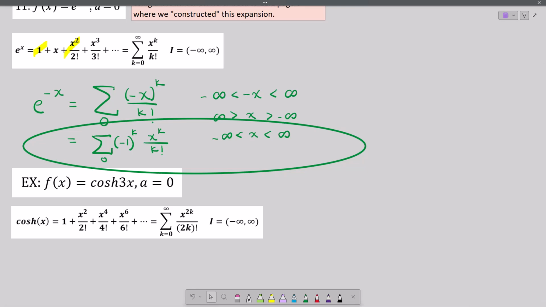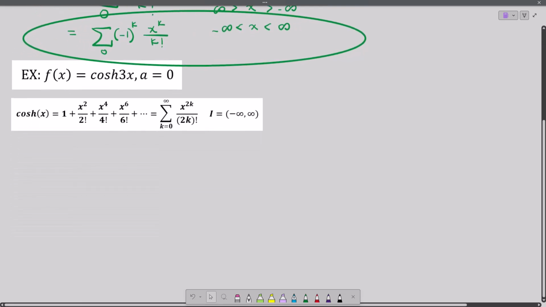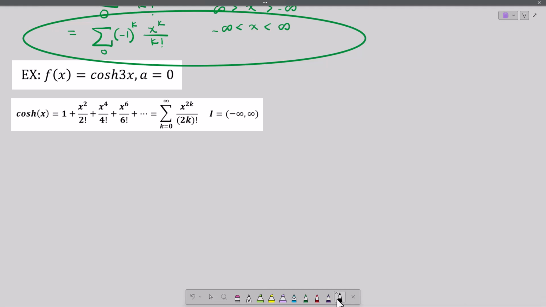We just take the even powers. The signs all match. All right, so there is cosh. And if we want cosh of 3x, all we do is replace x with 3x. So if we want the power series for cosh 3x, we take the power series for cosh x, replace the x with 3x.